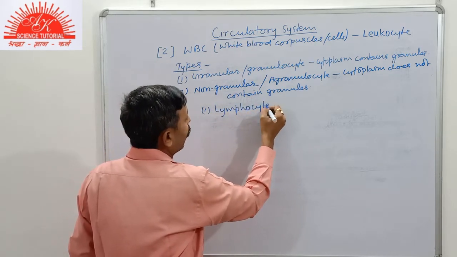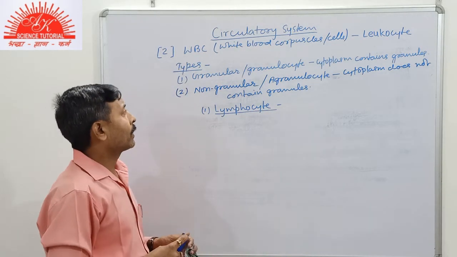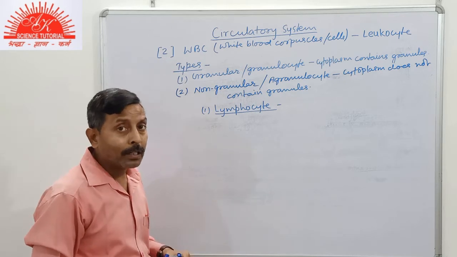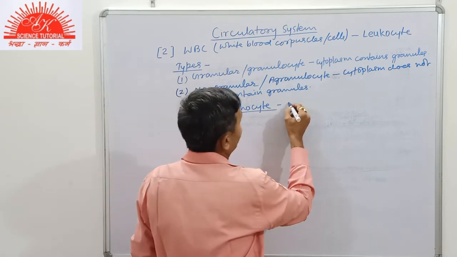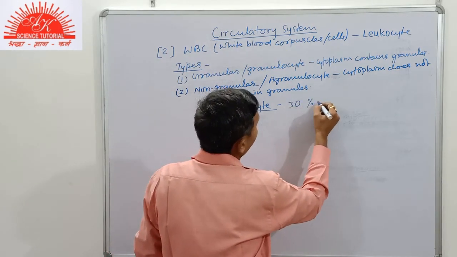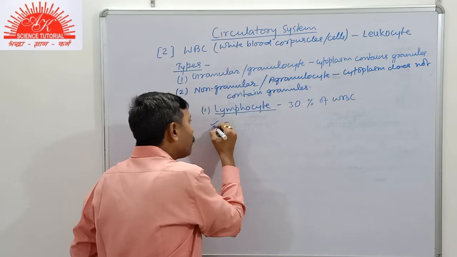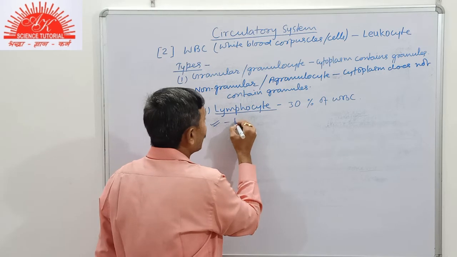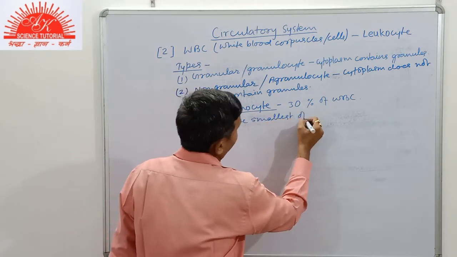Now actually all the types of WBCs are important, but the neutrophil and lymphocytes are in larger number, therefore they perform the major functions. Lymphocyte forms about 30% of WBC. And the most important point related to it is that it is the smallest of WBC.